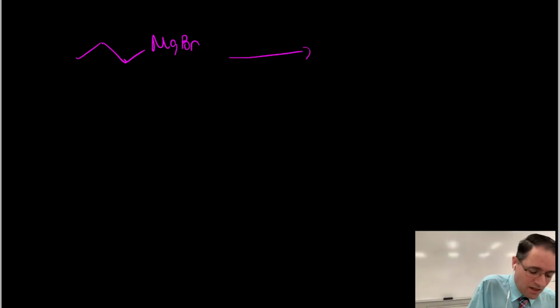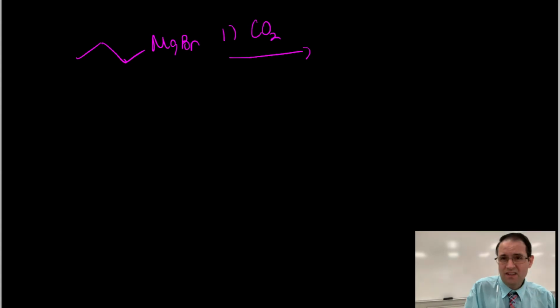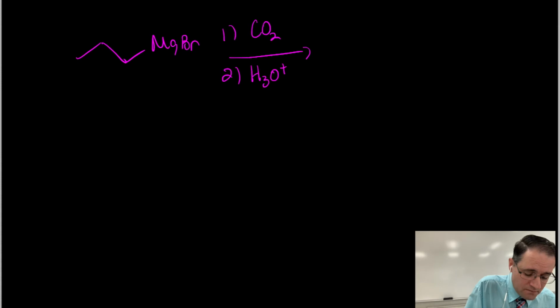Now, the second way to produce carboxylic acids is by a Grignard route, okay? So if we have a Grignard, okay, this has a total of 3 carbons, and we treat this with carbon dioxide, okay? And then we treat this with a little bit of acid.